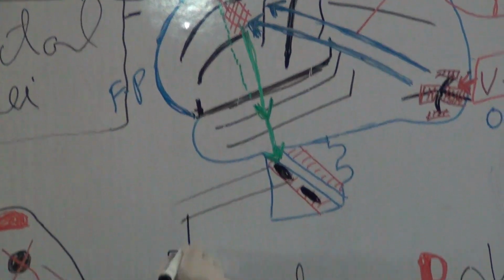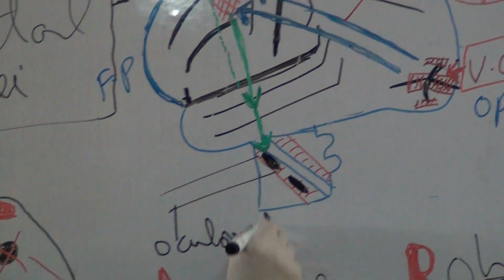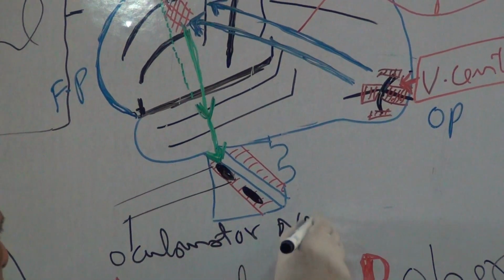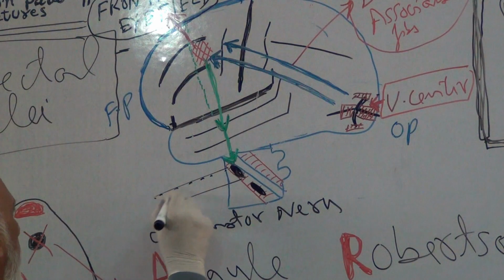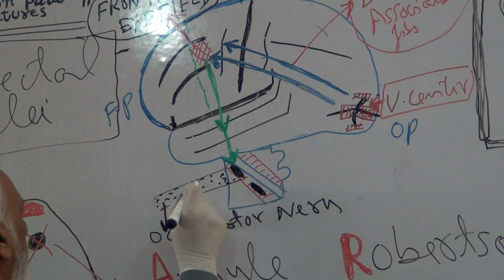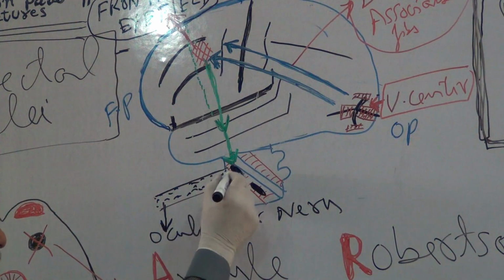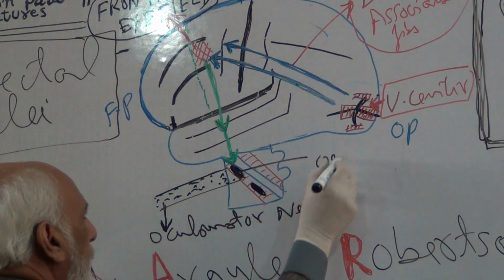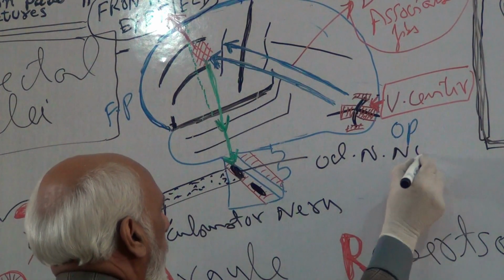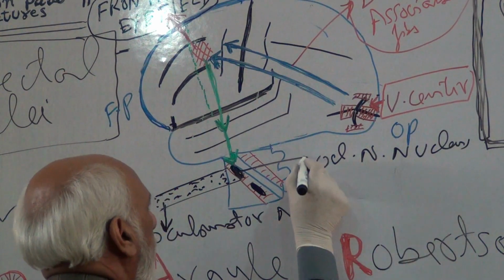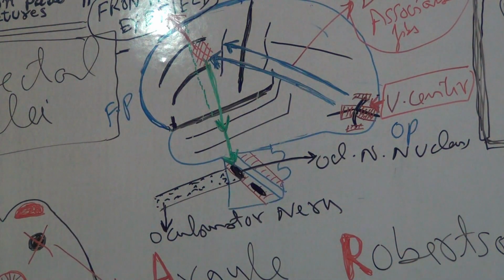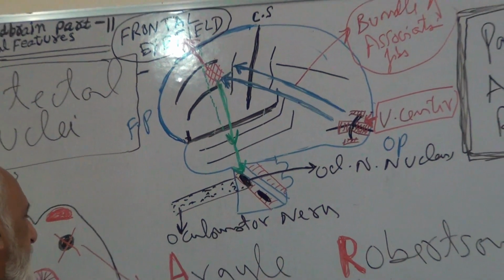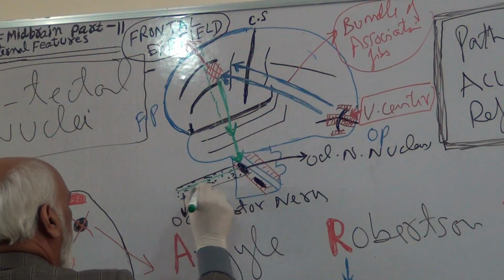This is the supposed oculomotor nerve nucleus. Now this upper part of the oculomotor nerve nucleus is parasympathetic and is known as the Edinger-Westphal nucleus. From it, the preganglionic parasympathetic fibers arise.